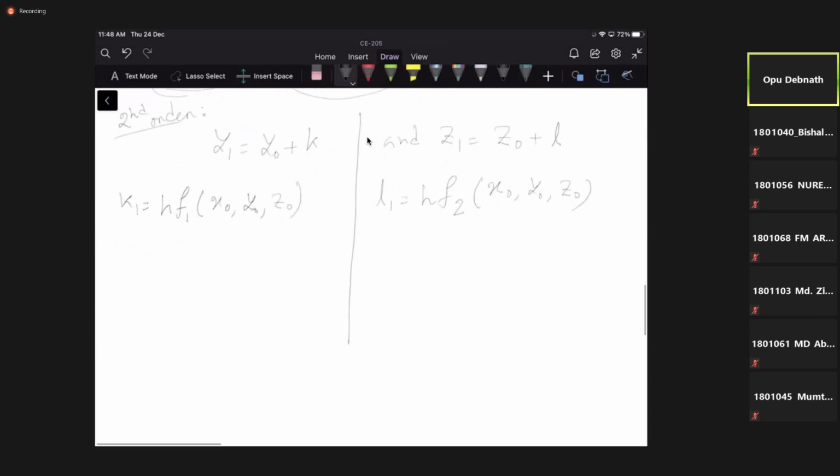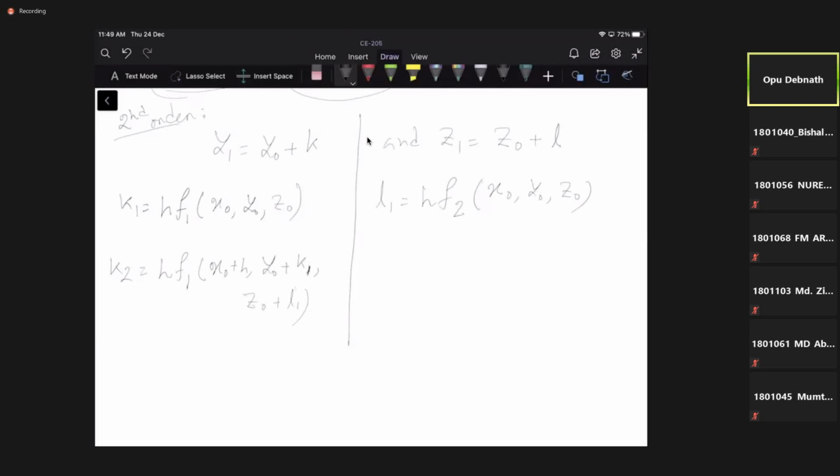Then k2 will be h f1 of x0 plus h, y0 plus k1, and, since f1 depends on three variables x, y, and z, you will have another additional term: z0 plus L1.